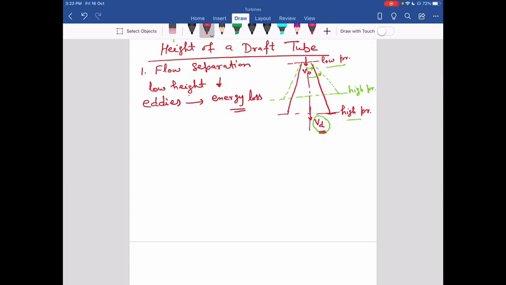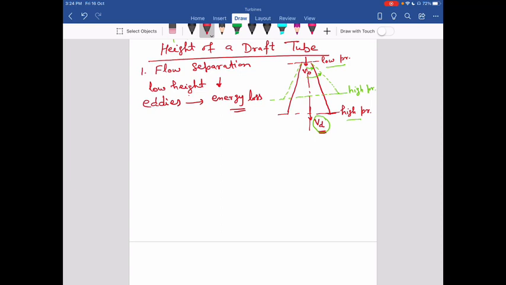So we can say here, we can set the length of the draft tube in such a manner that there should not be flow separation. So we have to avoid the flow separation. So this is the one factor which we have to consider while deciding the length of the draft tube.